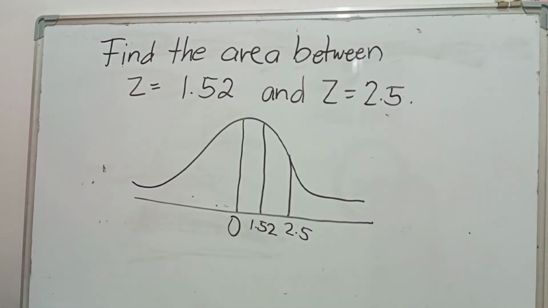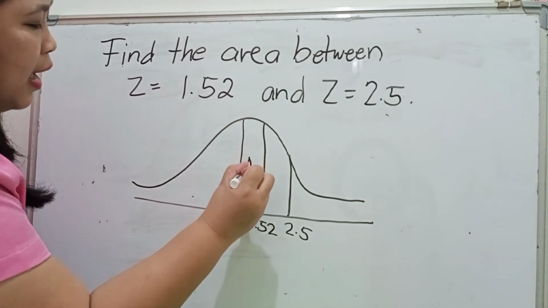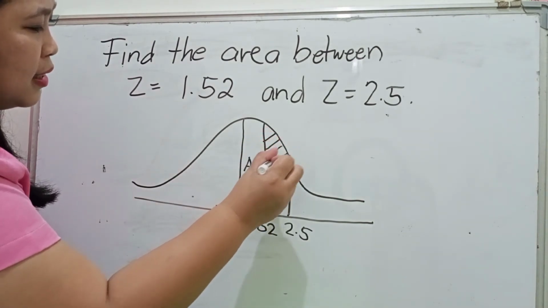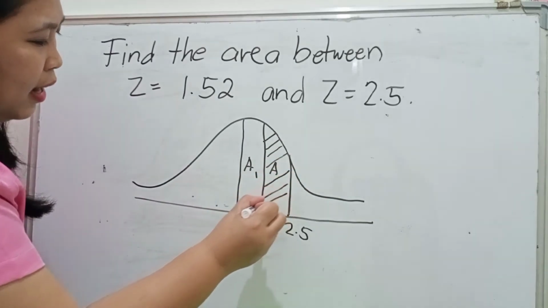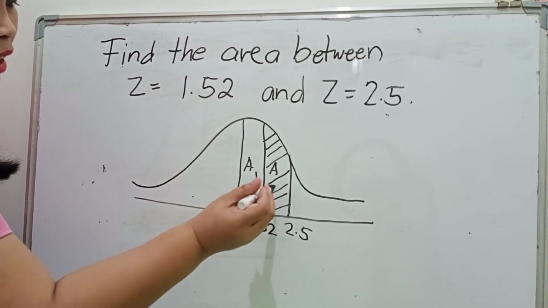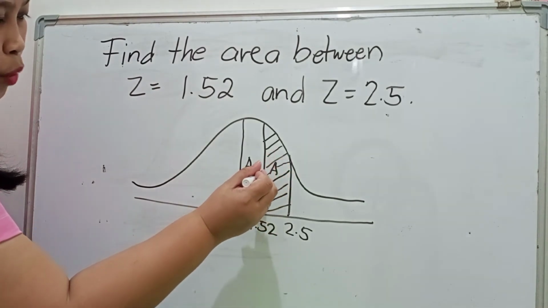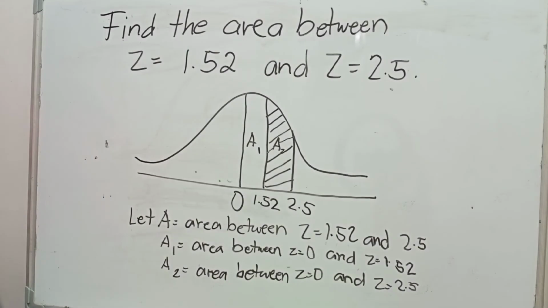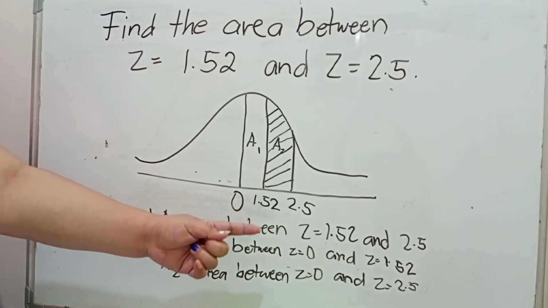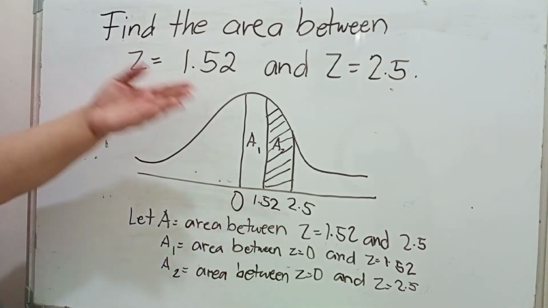Okay, what are you going to do next? You have here A sub 1 and here A sub 2. We're going to find the area between these given values. This is the area that we are looking for. After you sketch the normal curve, let A equal the area between z = 1.52 and 2.5.